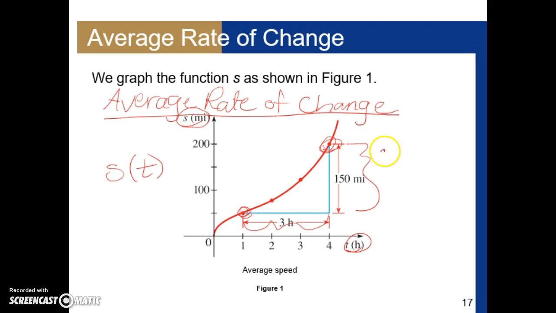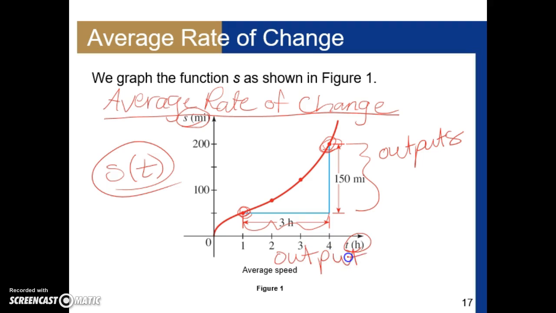We want the difference of our outputs, so here specifically our s of t's, and the difference in our inputs. Again, here we're talking about t values. So we're going to find our average rate of speed by taking s of 4 minus s of 1 over the t value of 4 minus the t value of 1.